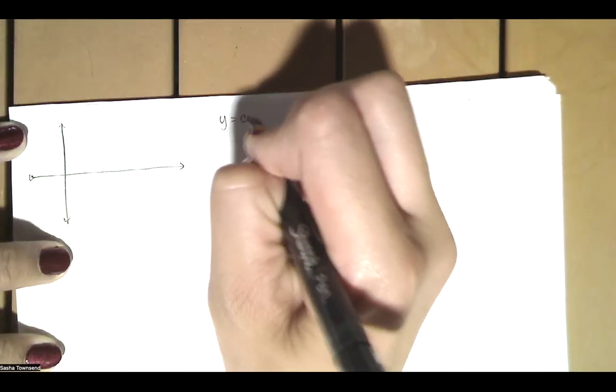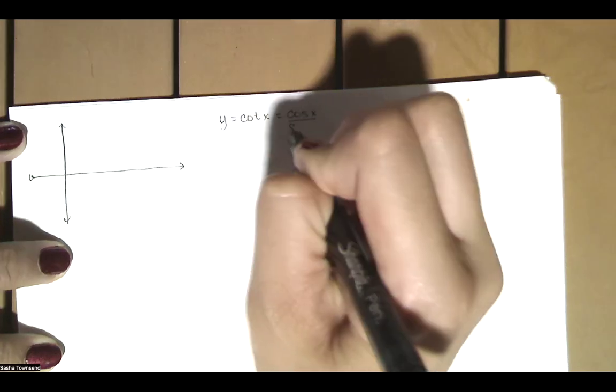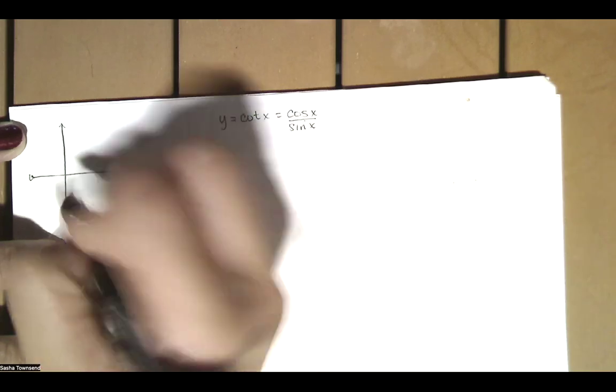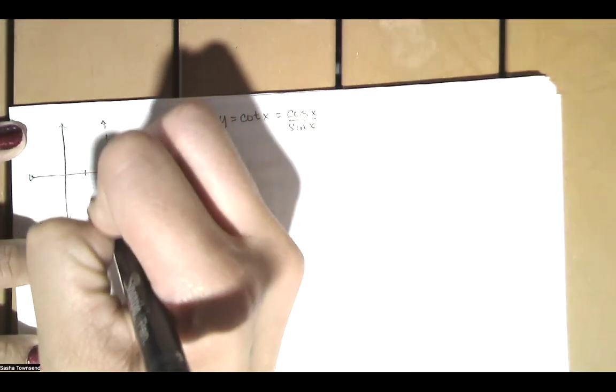But let's look at cotangent real quick. So cotangent looks like this. Cotangent is cosine of x divided by sine of x. So it has asymptotes whenever sine is 0, and sine is 0 at all the multiples of pi.